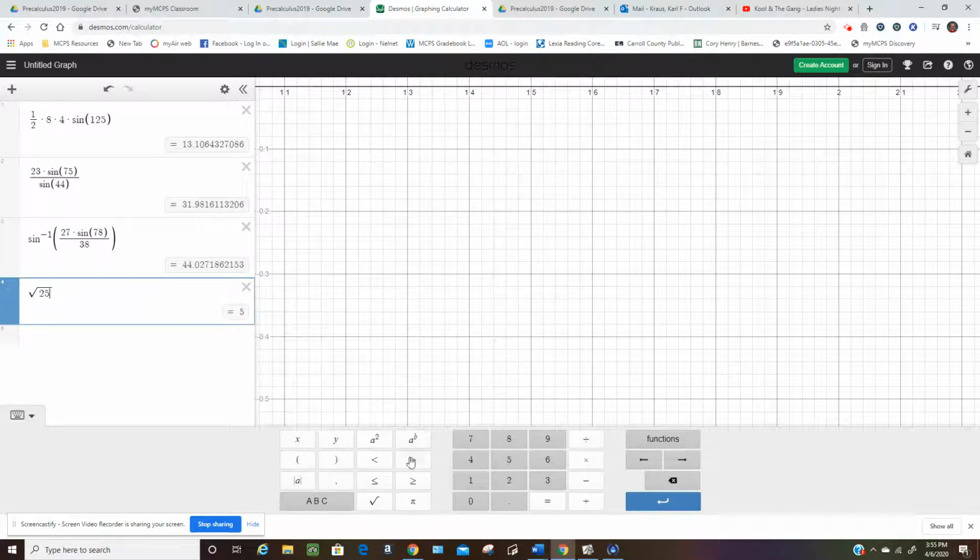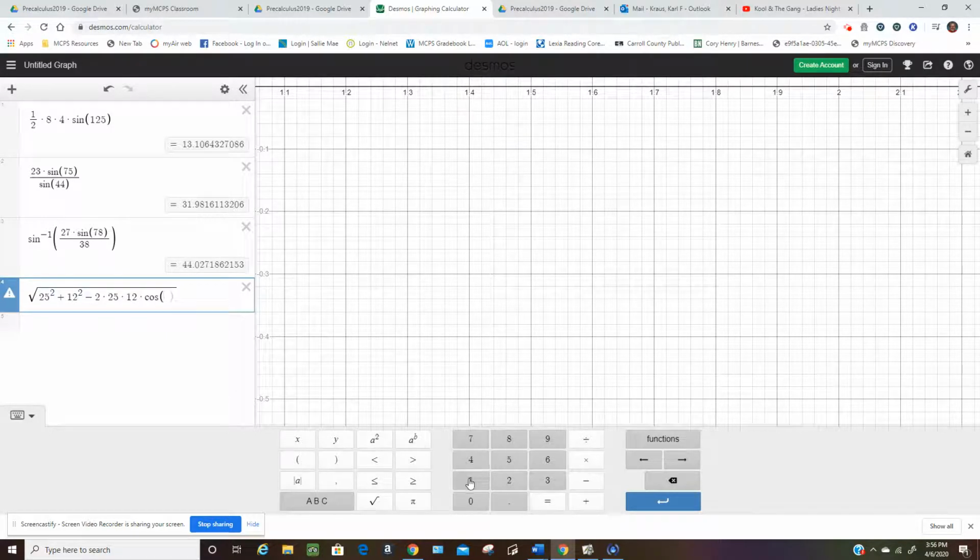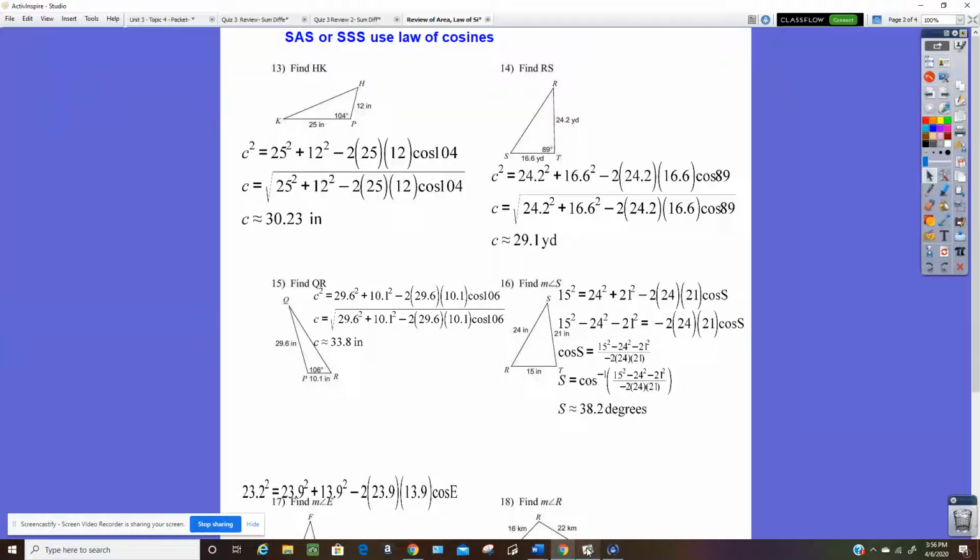So 25 squared plus 12 squared minus 2 times 25 times 12 times cosine of 104. And I get 30.23 for the side. So 30.23 inches for the side.